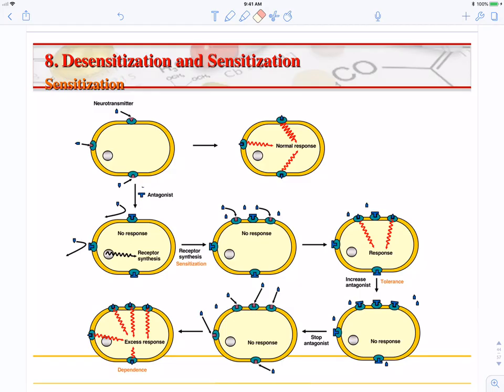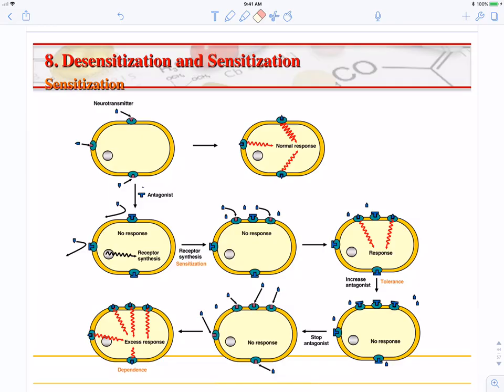One is that the receptor becomes uncoupled from the downstream signaling, and so although the ligand is binding just fine, nothing happens downstream. Another possibility is that the receptor gets internalized by endocytosis, thus decreasing the concentration of receptors that are available.